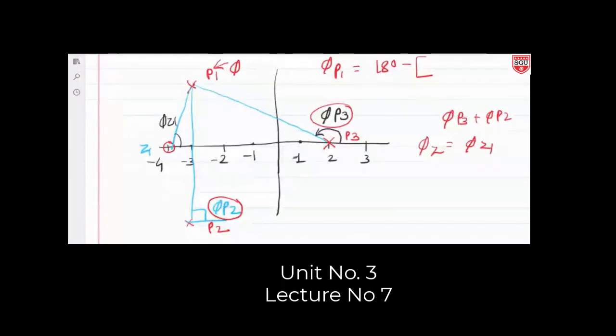Like that we have to find the angle of departure and angle of arrival.